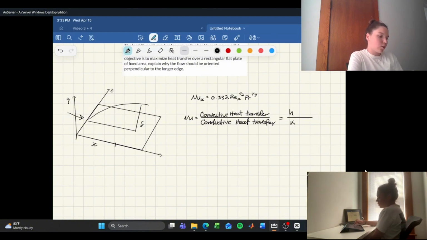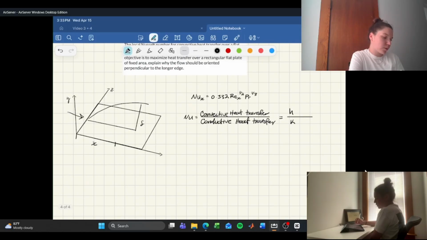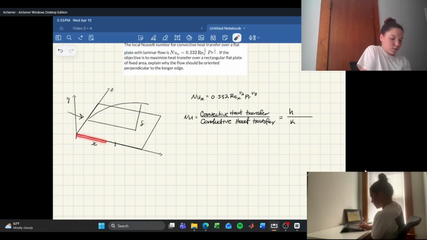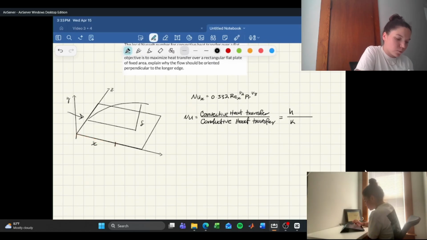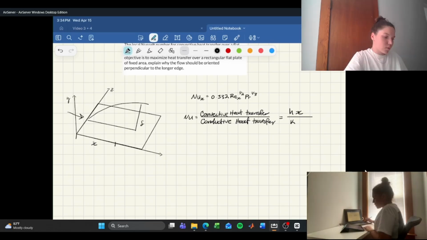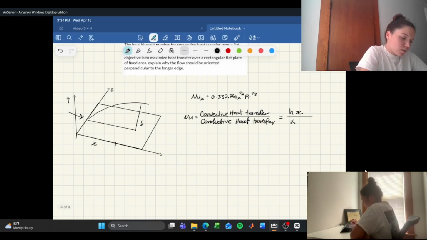And because this is on a flat plate with a fixed area, we said that this length here is x, so we're going to multiply this by x.